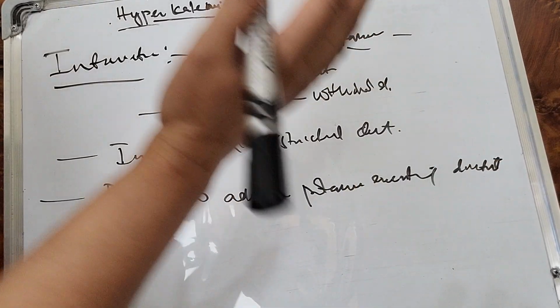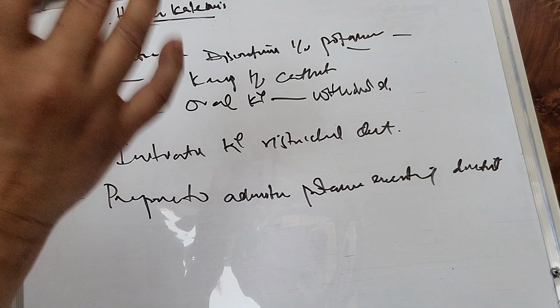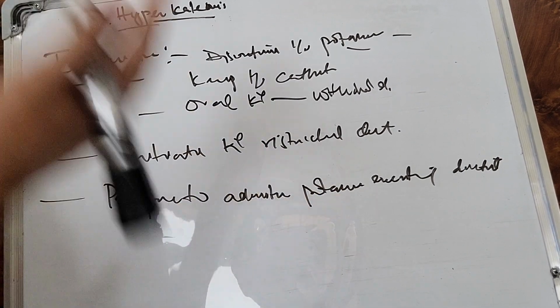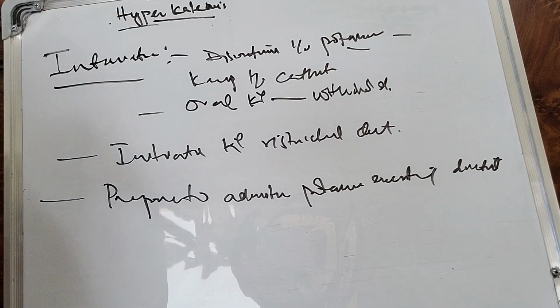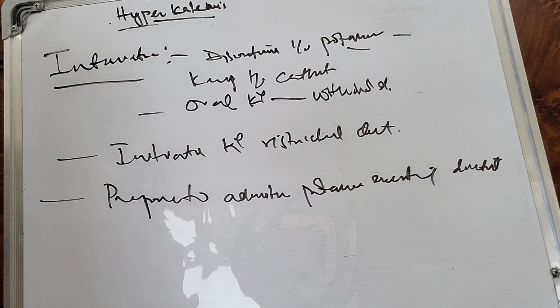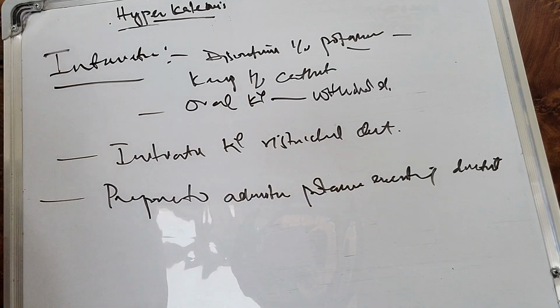If the patient is taking potassium retaining diuretics, we will stop them and prepare to administer potassium excreting diuretics, if renal function is not impaired. Always check the RFTs first; that is very important before giving any potassium related medication.